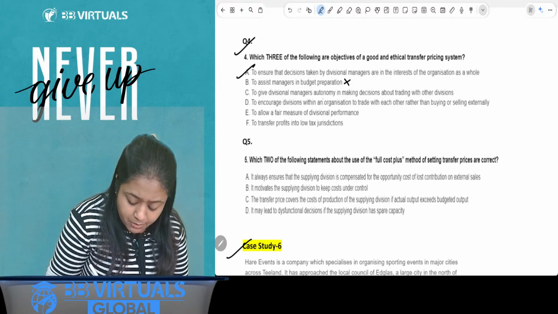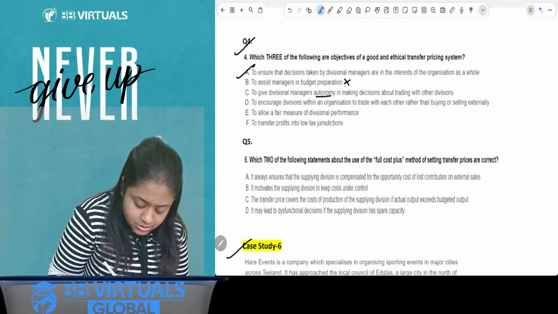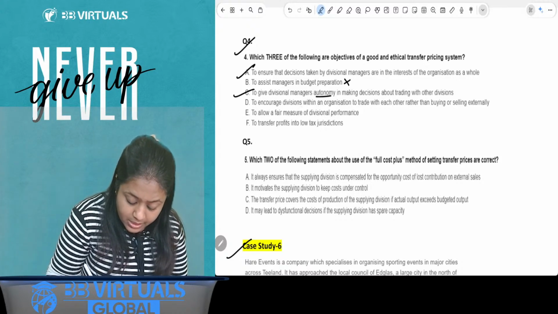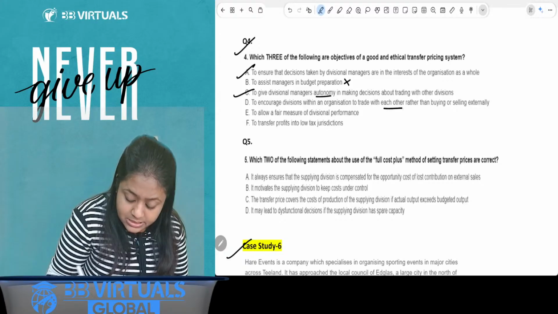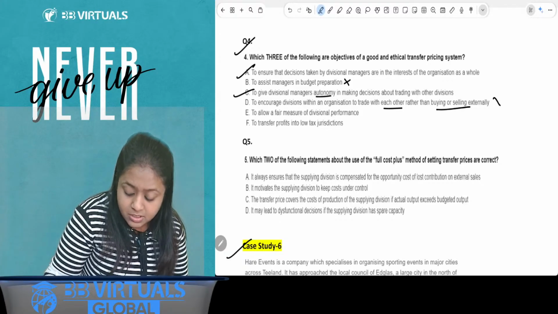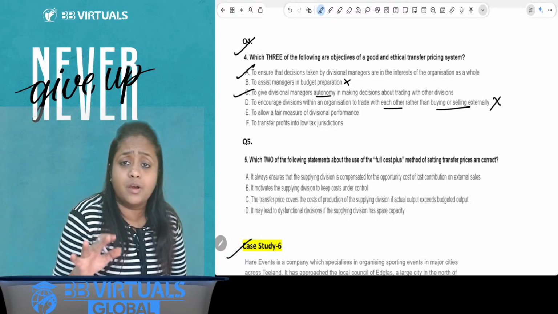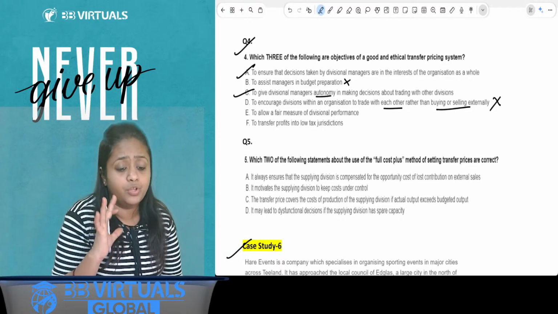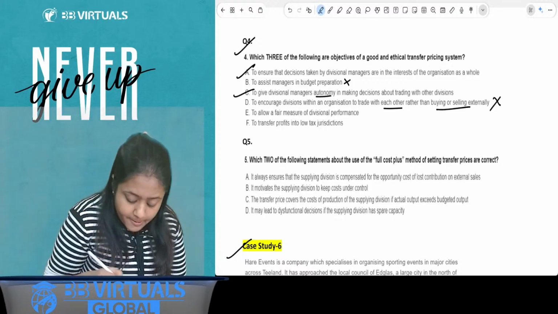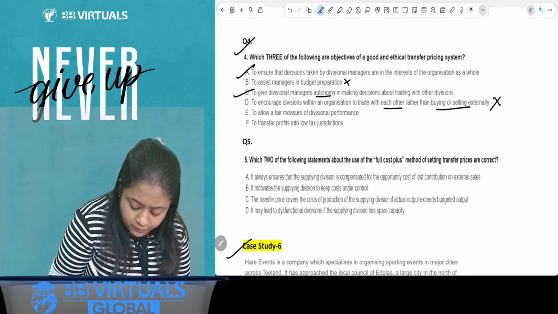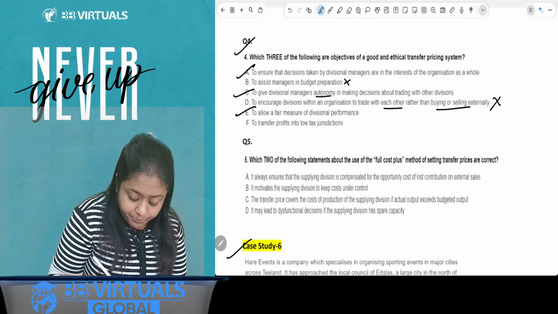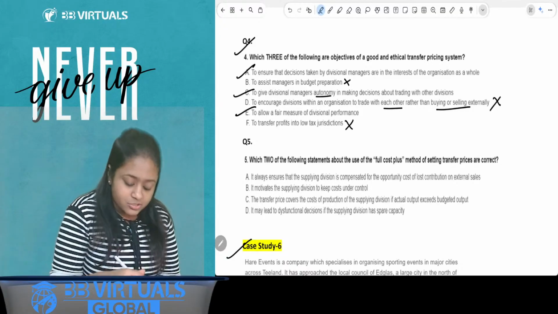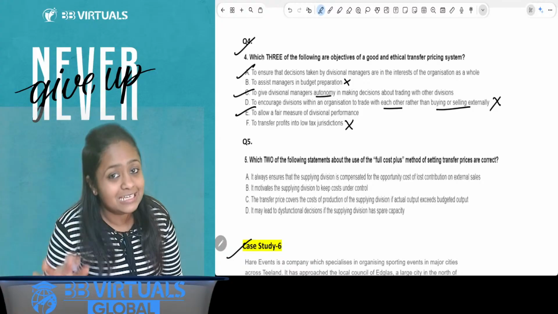To give divisional managers autonomy in making decisions, absolutely. To encourage divisions within an organization to trade with each other rather than buying or selling externally. No, here it doesn't require that you just serve internally. Do a mix so that overall profitability of the organization is maximized. To allow fair measure of divisional performance, absolutely. To transfer profits into lower tax jurisdictions, no. So the correct answers are A, C, and E.